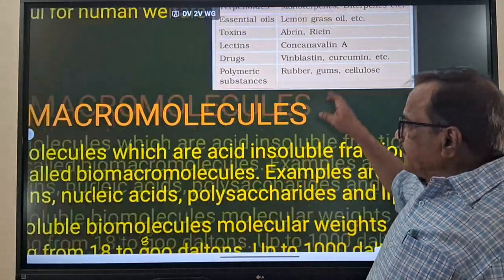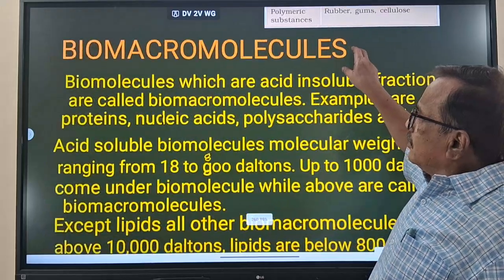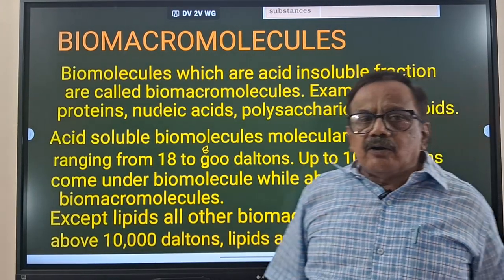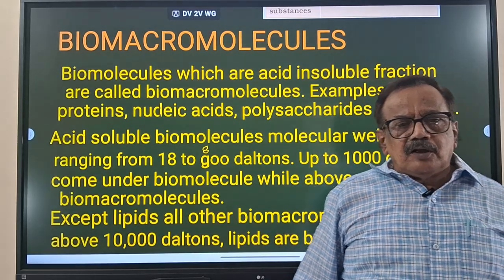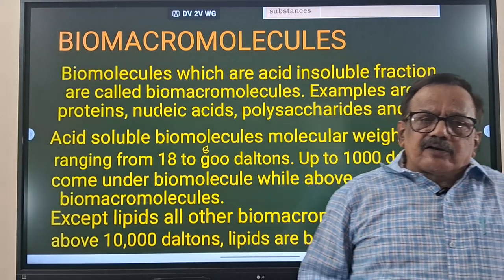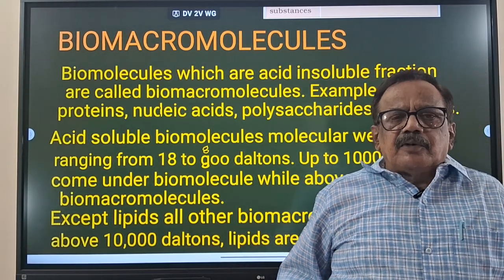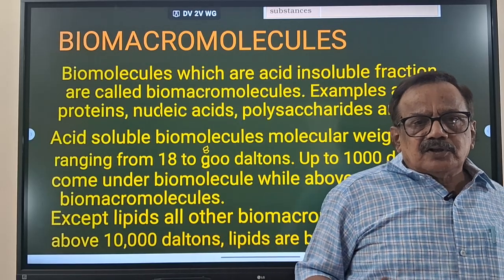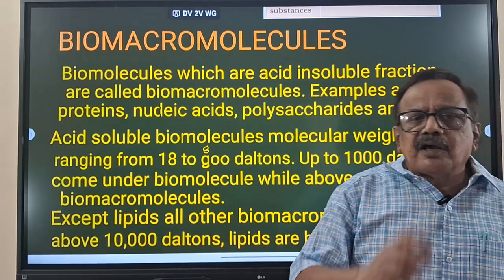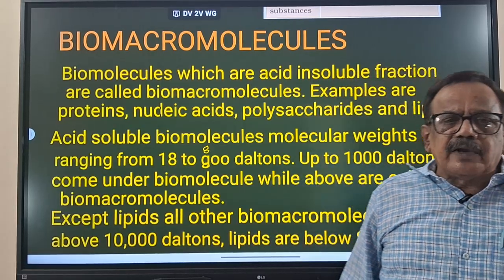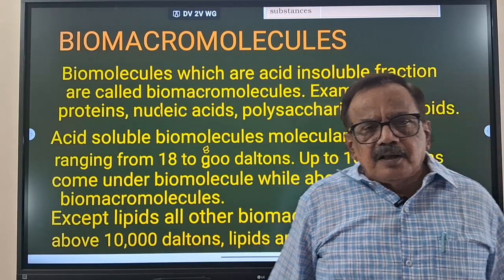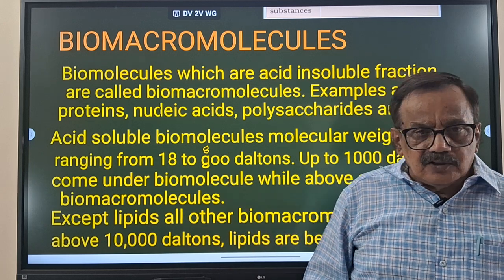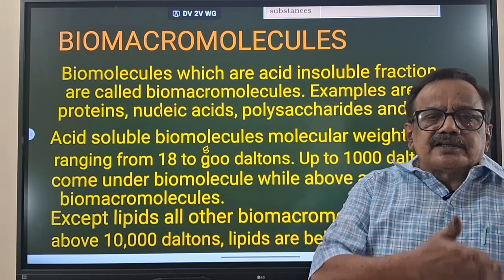Now we will see biomacromolecules. What is this? Actually, there are two types. Biomicromolecules, what are the biomolecules? They are the acid soluble ones. We used to call them biomolecules. Biomacromolecules are bigger in size than the acid soluble ones.